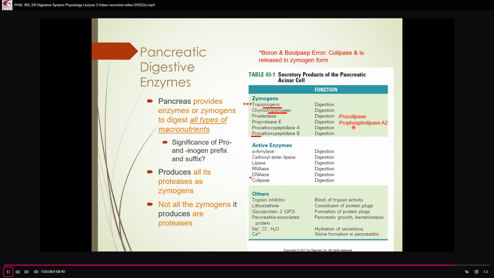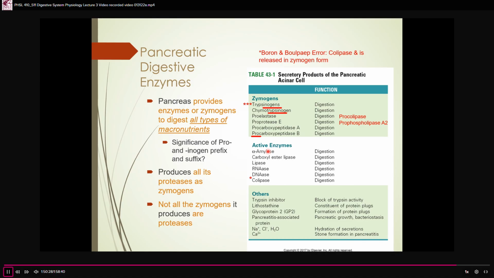This is an enzyme important not in working on triglycerides, but more specifically in removing the fatty acids off of phospholipid molecules. It also makes a number of enzymes as active enzymes, not as zymogens that need to be converted.